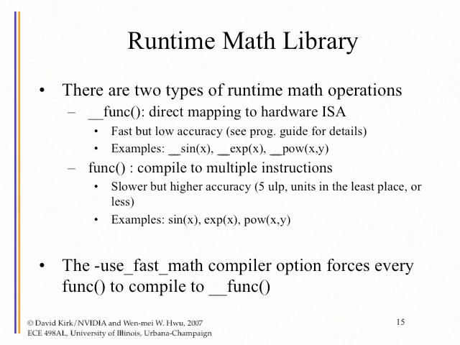However, if you use the fast math flag in the compiler, it forces all the library functions that have a hardware implementation into the hardware. And this actually could make your code a little bit more portable, because you can use this flag to go back and forth between the hardware and the software and test it, so that you can make sure that it can truly run on all generations of hardware in the future.